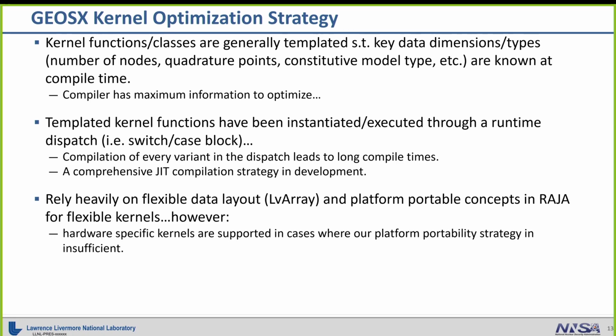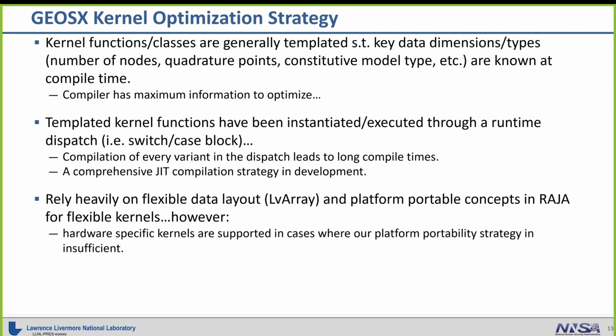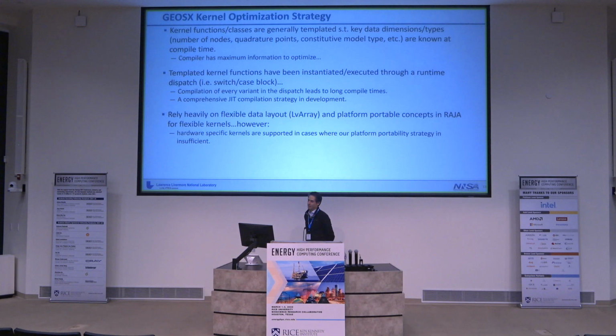So we'll quickly go over our kernel optimization strategy within GEOS. In this matrix-free approach, we will be on the hook to provide fast residual evaluations and fast smoothing operators. We no longer have to fill a matrix or store a matrix or anything like that.